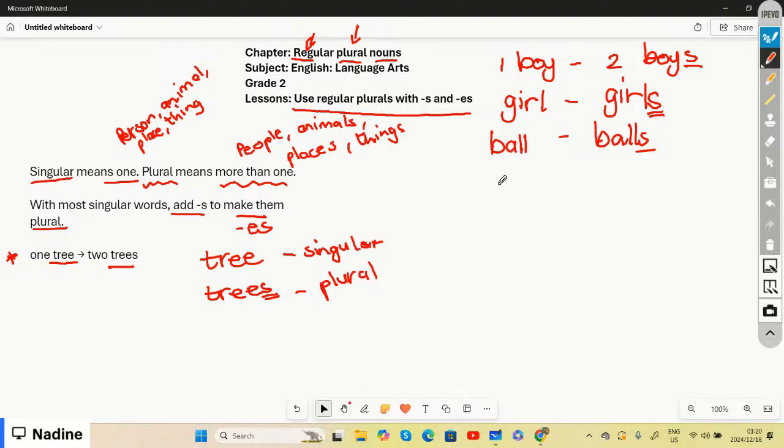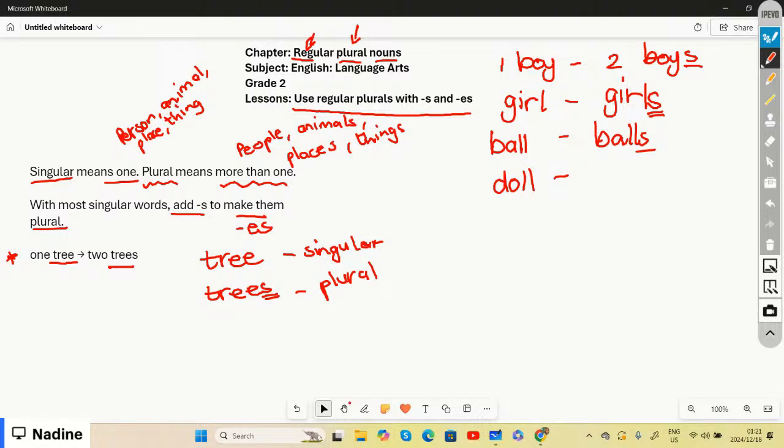Anna plays with one doll, that is singular. What is the plural form of the word doll? If she plays with one doll, what is the plural form?